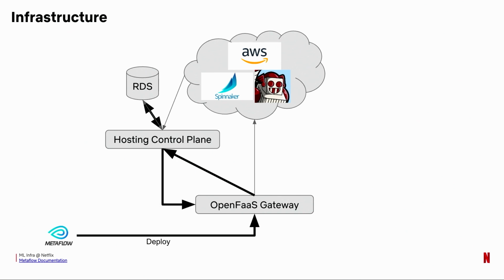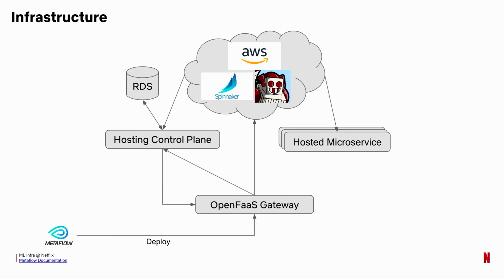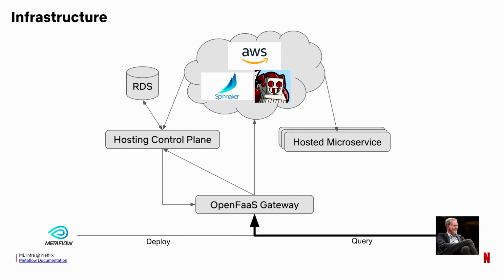After that, the control plane returns back to the OpenFaaS gateway, which interacts with our orchestration platform to actually start the services needed. This is what finally deploys the hosted microservice, and you can have multiple instances of the same.